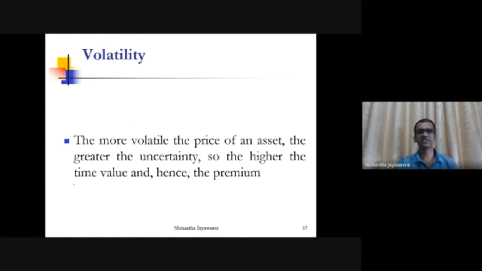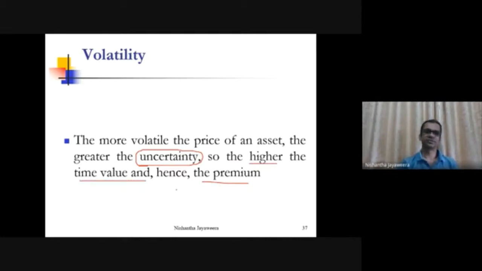So the uncertainty is high. When the uncertainty is high, the premium is high, and therefore the time value is also high.